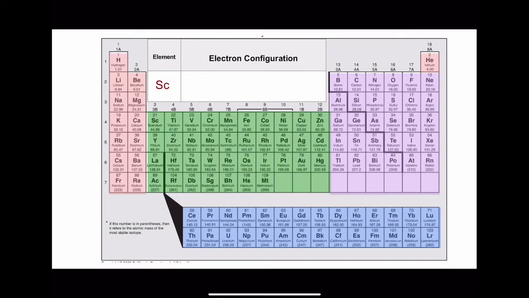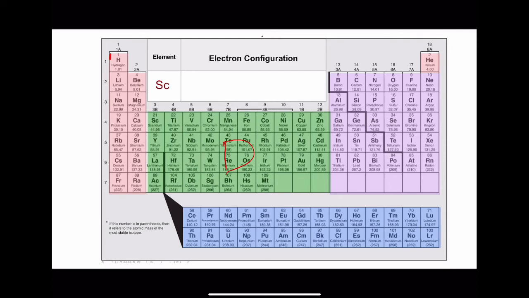We're going to skip ahead to scandium because what we see happening with scandium is just a little bit different, or rather things start to take a little bit of a turn in terms of energy levels once we hit this D block area. What we noticed with the S block was that S started at energy level 1. With the P block, there was no 1p.